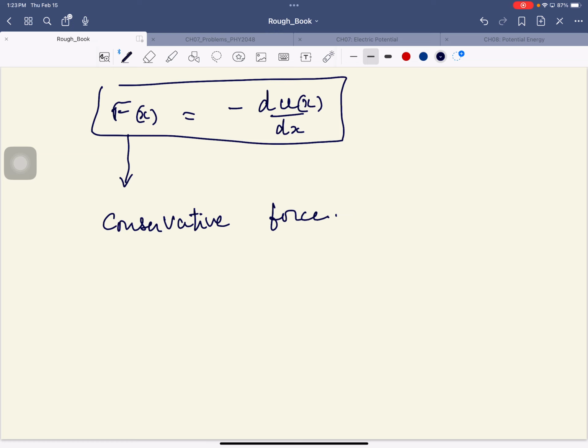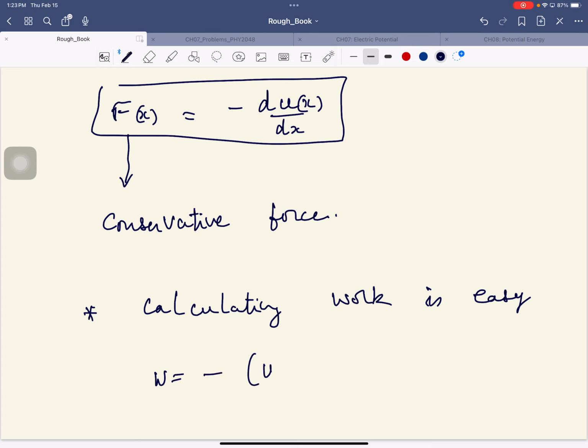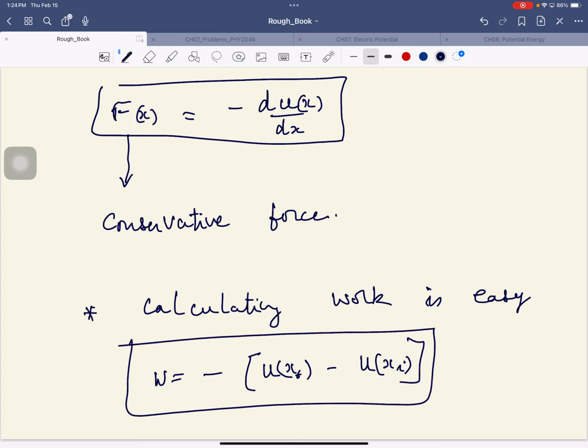And what is great about them? Calculating the work is easy. Work done by such forces is negative U(x final) minus U(x initial). It's that easy. And what is U? The potential energy function. Very good.